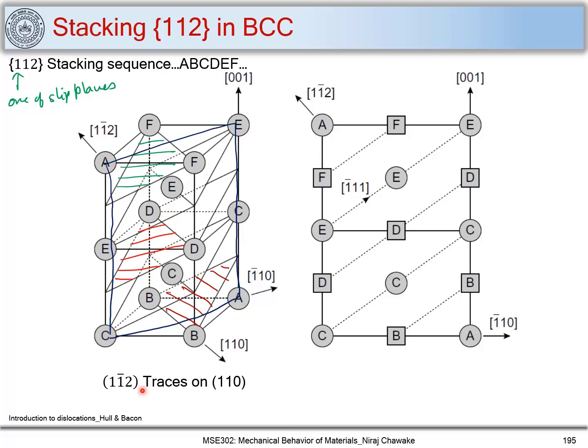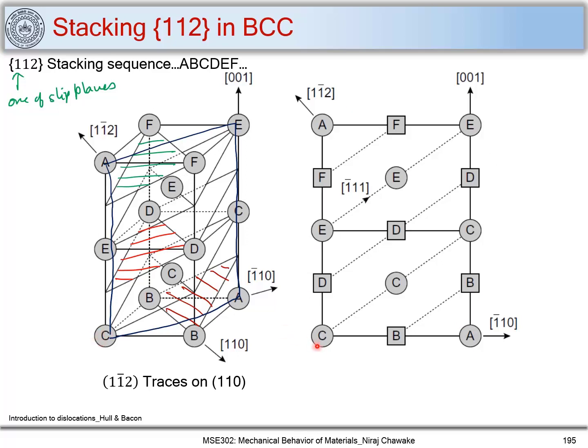And what do I mean by trace? Trace means the projections of atoms on 112 type of planes on 110. So here you can see that I am projecting all the atoms on 112 type of planes on the 110 plane. So let's look at this, and this is a trace of this 1 bar 12 planes on 110.